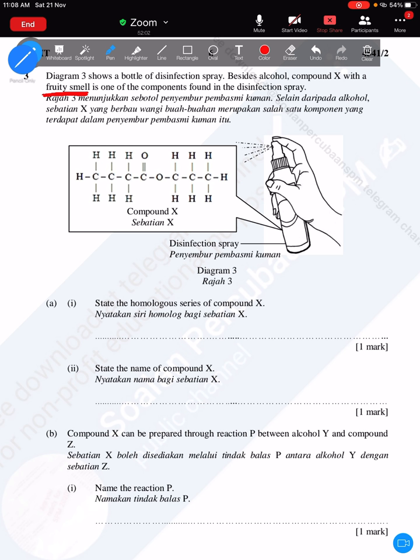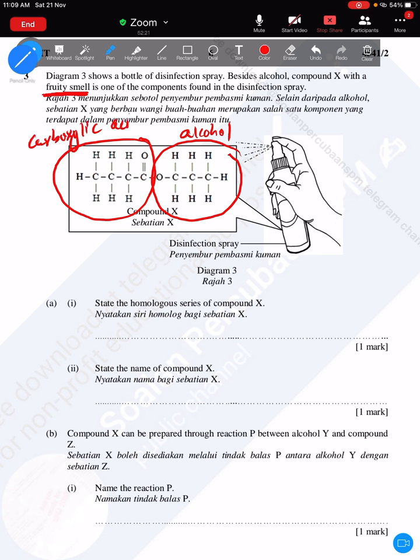Okay, let's look over here. By looking at this, I already know, oh, this is the alcohol. Okay, don't get excited to answer the question yet. Oh, this belongs to the carboxylic acid. And I know the carboxylic acid has 1, 2, 3, and 4 carbons. Therefore, it's a butanoic acid. And over here, I have 1, 2, and 3.